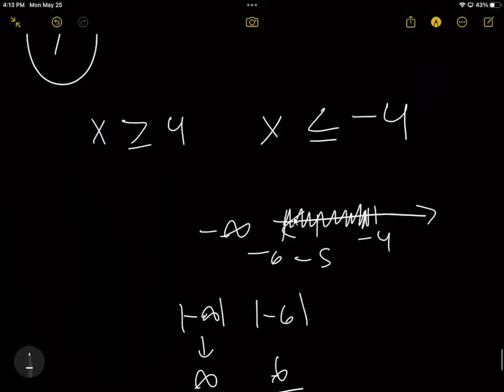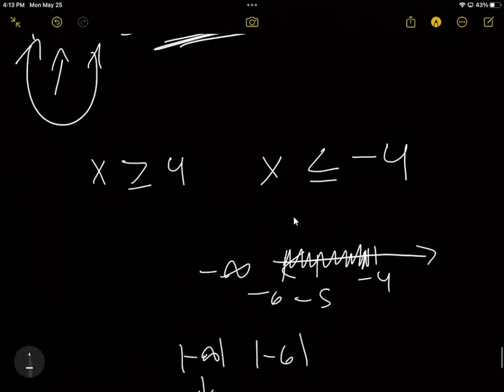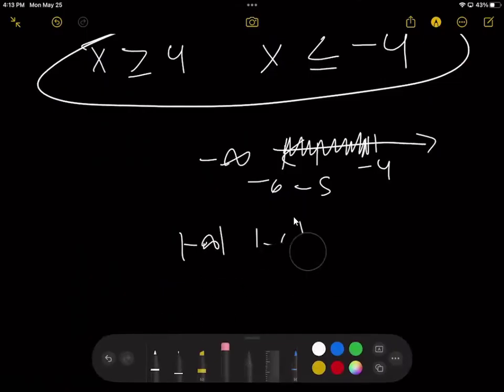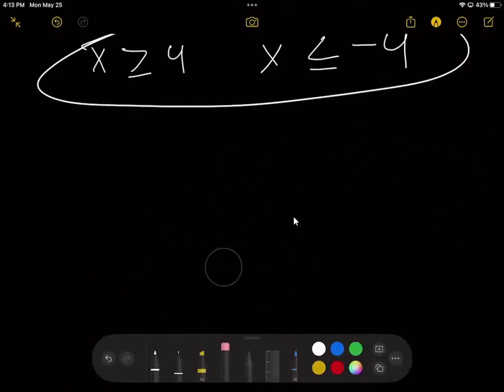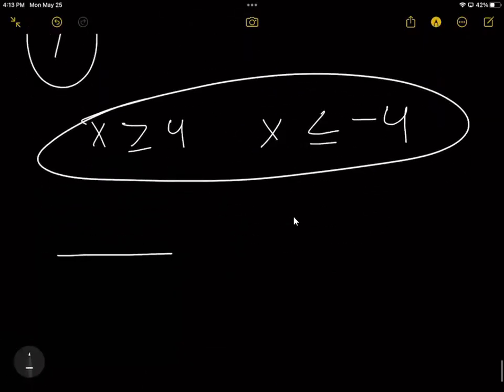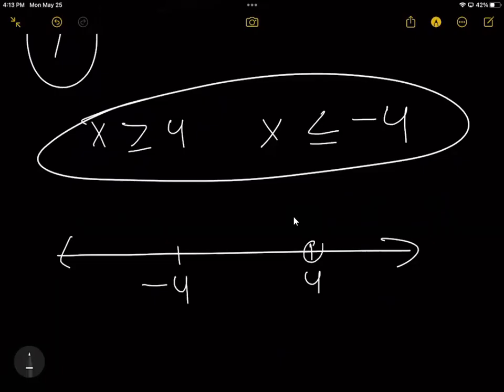Okay? And so if this is my solution to my problem, x is greater than or equal to 4 or less than or equal to -4, the way I would write that on my number line is these are things that fall outside instead of inside. I've got 4 and -4. In this case it includes the 4 and the -4 due to my greater than or equal to signs.